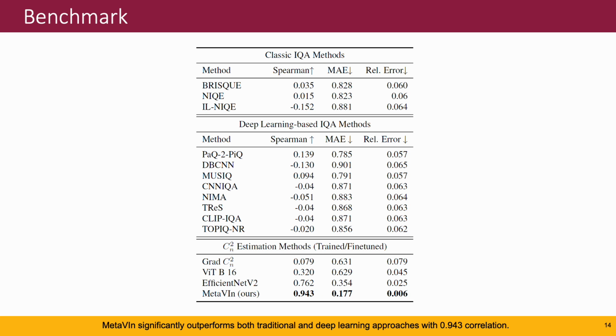If you use transformer or EfficientNet version 2 models, those are pretty robust here, with Spearman correlation of 0.3 or 0.7 for EfficientNet version 2. MetaVIn achieved a superior result of 0.93 with a mean absolute error of 0.17. So it shows that MetaVIn outperformed all other approaches by a large margin.